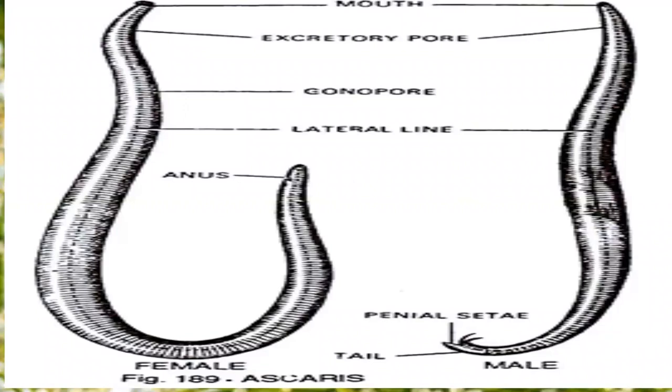The most common roundworm infecting man is Ascaris, and the species is lumbricoides. Ascaris lumbricoides is a parasite of human beings. It is commonly called the human roundworm.